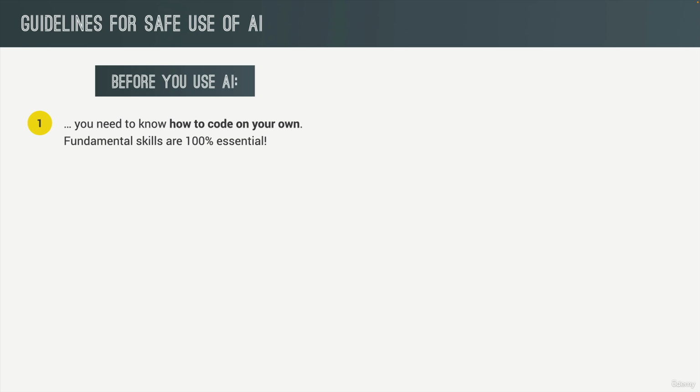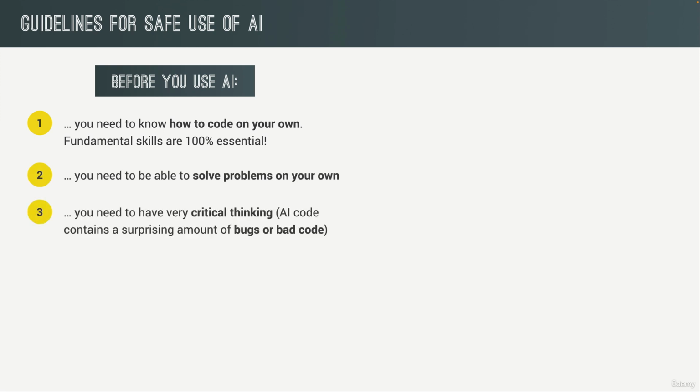Now, in the same vein, you also need to be able to solve problems on your own and develop very good critical thinking. Critical thinking is especially important when you're dealing with AI-generated code, because many times it contains bugs that are hard to find, or the code is simply not good enough.